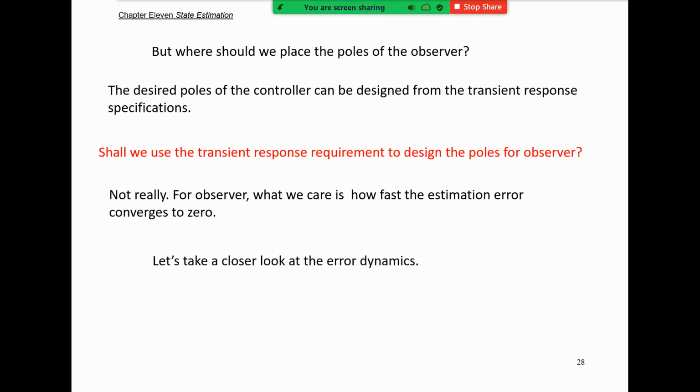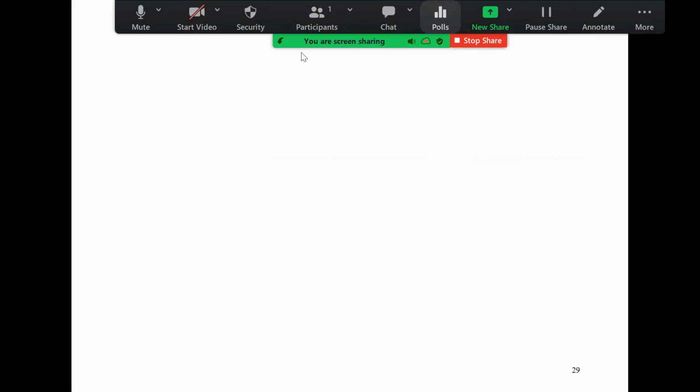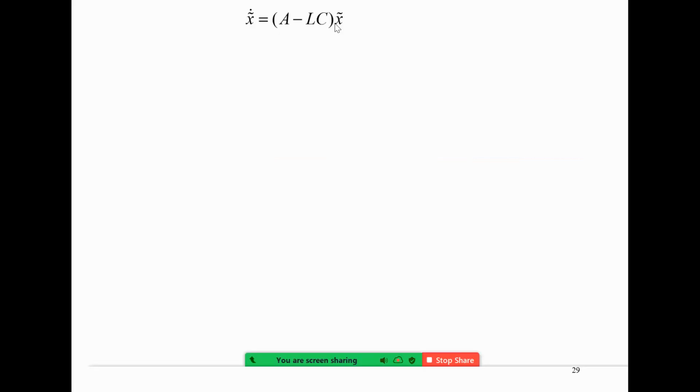Well, then let's take a look at the dynamics and ask, what kind of design will make this X2 go to 0 very fast? If you look at this equation, just to simplify the matter, imagine X2 is a scalar. So what kind of design can make the X2 go to 0 very fast? Do you want to choose a big L or a small L?